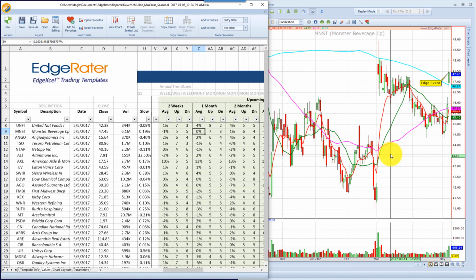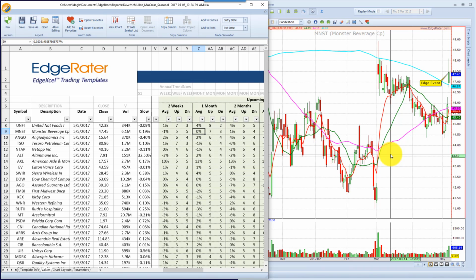But when you start combining it with seasonal behaviors, you can catch things that are coming into seasonal favor, and you can catch them when they're starting to make a move. So you don't sort of jump the gun and buy in too early. You wait until the stock actually proves that it's moving, and it has the potential for fulfilling its seasonal behavior.